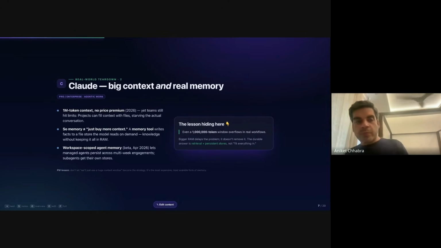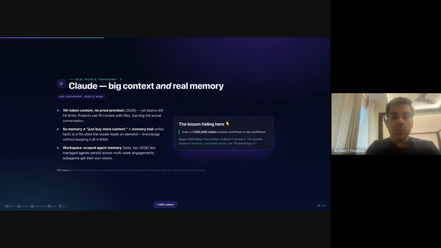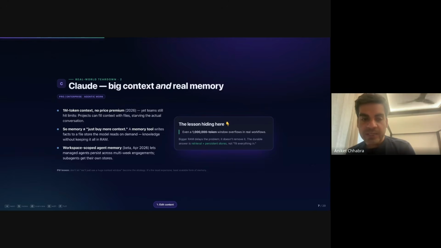Same thing with Claude as well, right? So what happens here is that they have built the context in such a way that it's a large 1 million token context, right? The memory here not only means the context. It's basically the tooling, the way they, if you've seen Claude, a lot of times it stores the data in .md files.